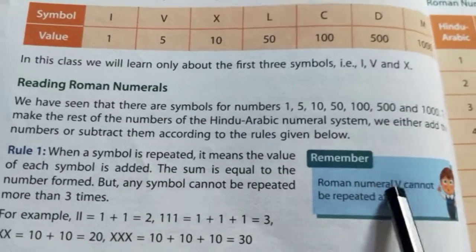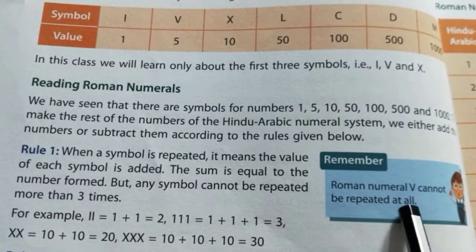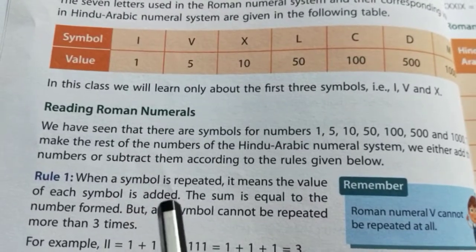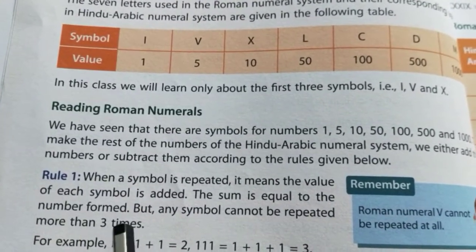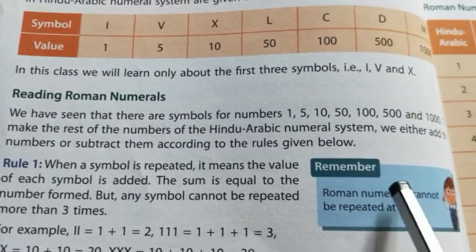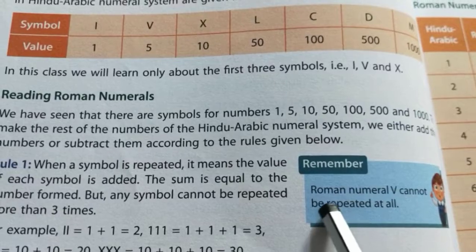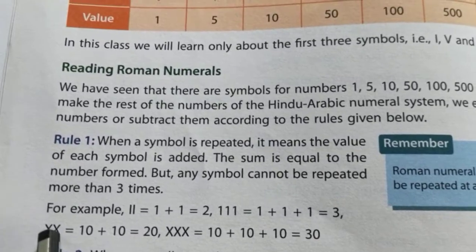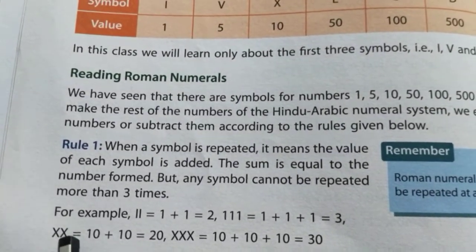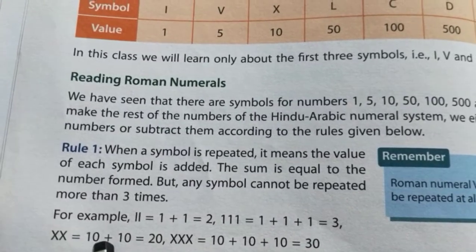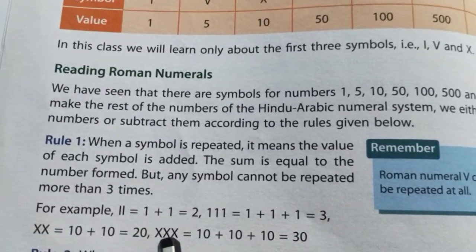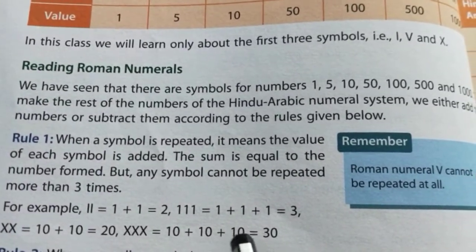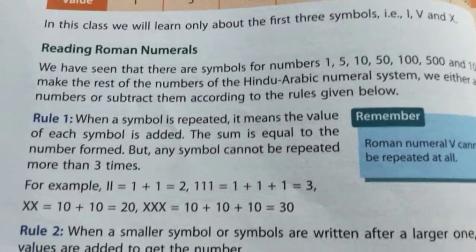Also remember that Roman numeral V cannot be repeated at all. Roman numerals can be repeated not more than 3 times, but the numeral V cannot be repeated at all. Now XX means 10 plus 10 is equal to 20. XXX means 10 plus 10 plus 10 is equal to 30.